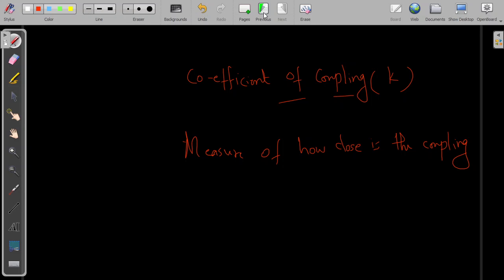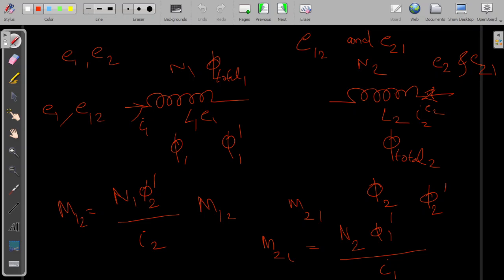That means it is a measure of whether all of this phi total 1 flux is linking with coil 2, or vice versa, all of this phi total 2 is linking with coil 1, or how much of phi total 1 flux is linking with coil 2, and in other words, how much percentage of phi total 2, the total flux produced by coil 2, is linking with coil 1. So this measure is known as the coefficient of coupling.